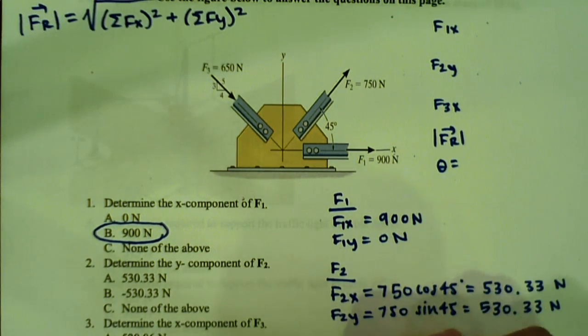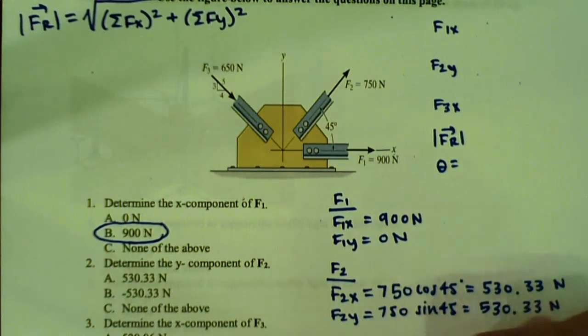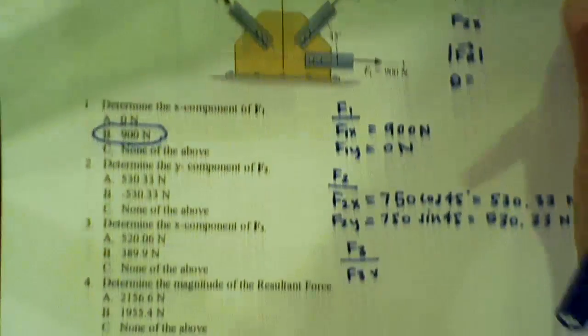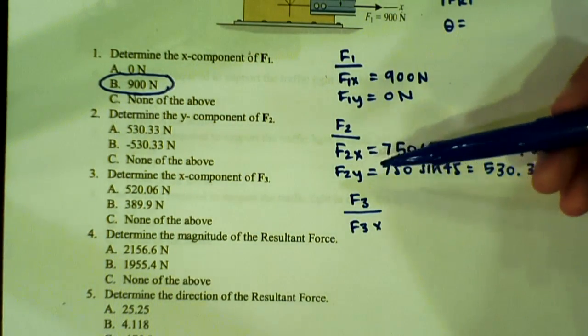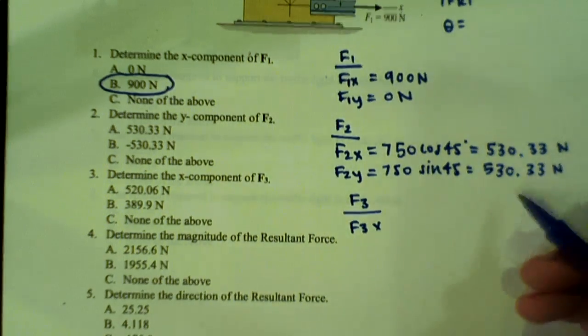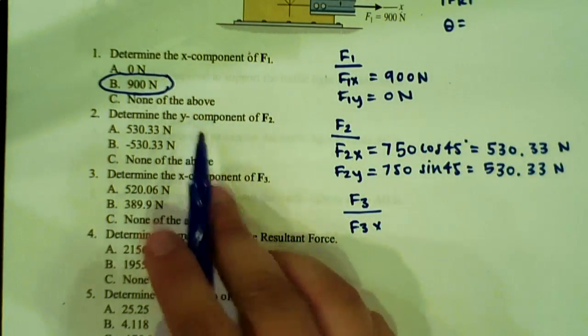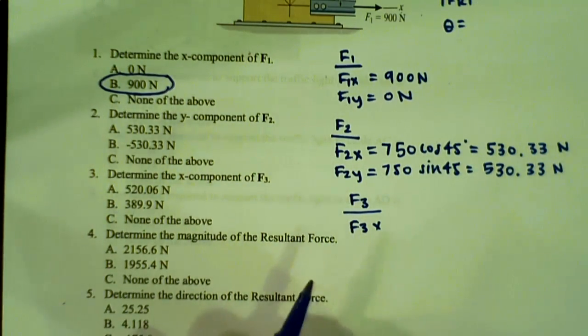Now for F3x, we found what our F2 x and y were. So what can we determine is the answer for our y component of F2? A, B, or C?